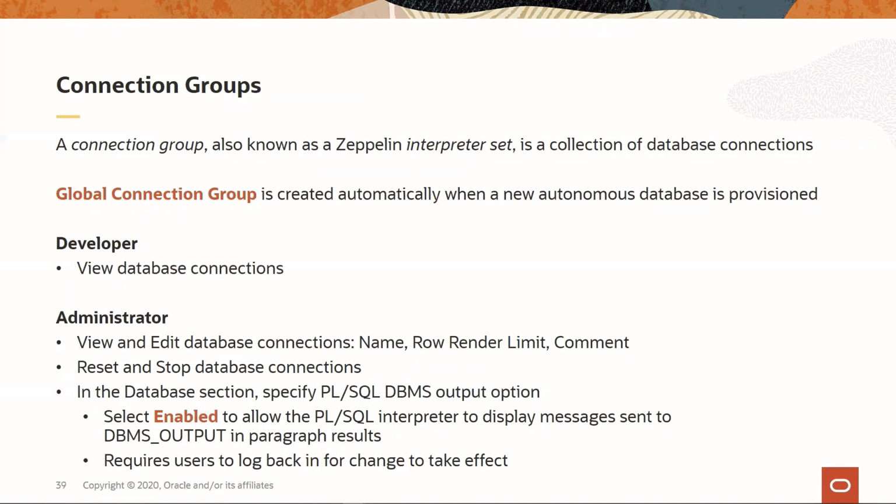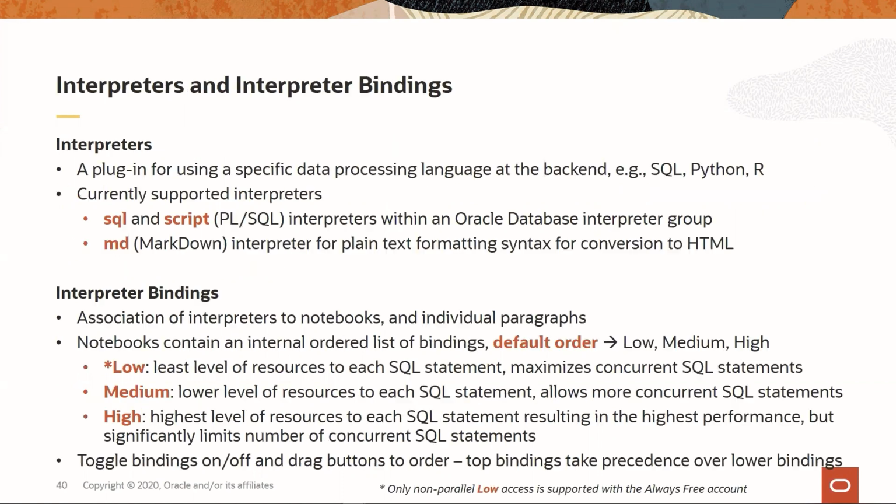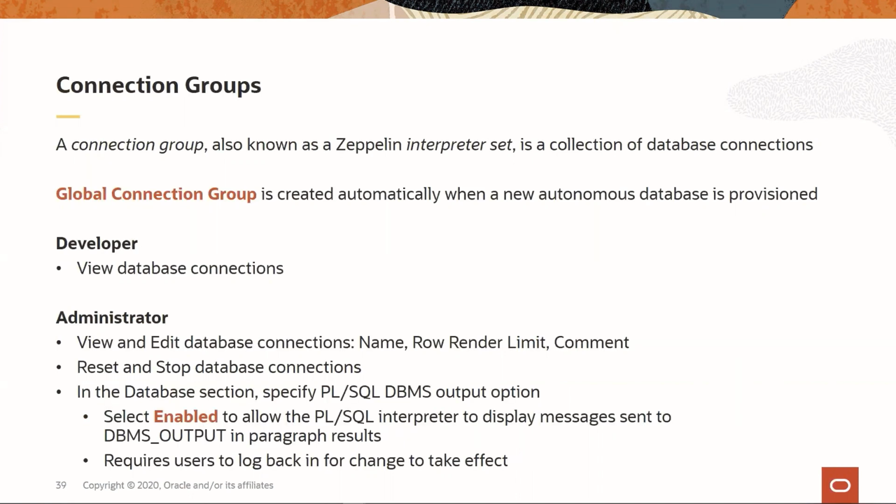So you can turn that on or off if you want a non-verbose output. Okay, but the users have to log back in for that to take effect. I mean, basically you have to restart the Zeppelin engine to have that. So let's take a look at these in a little bit more detail. So the connection group, I'm going to go back to our accounts here.